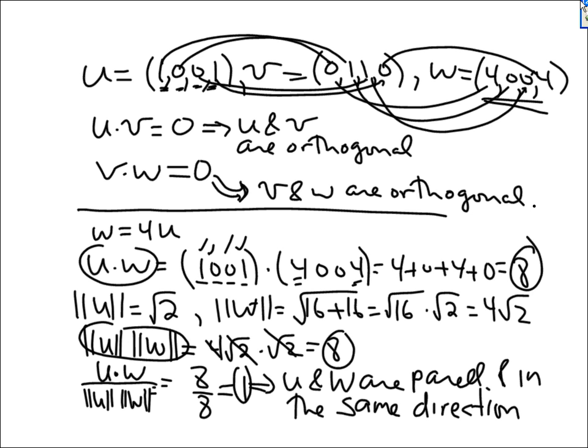Okay. The next thing we're going to talk about is a consequence of the Cauchy-Schwarz inequality. And this corollary, this consequence, has its own name.